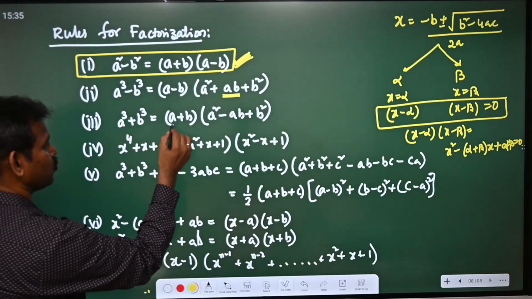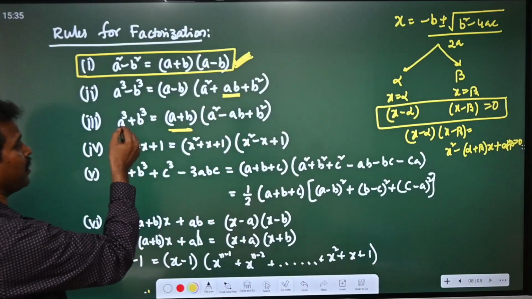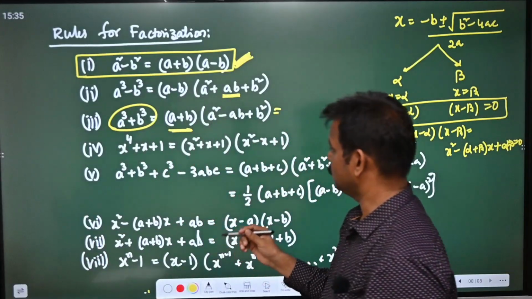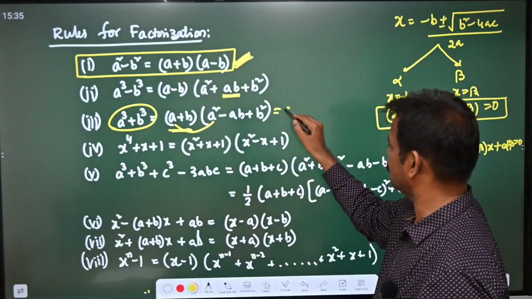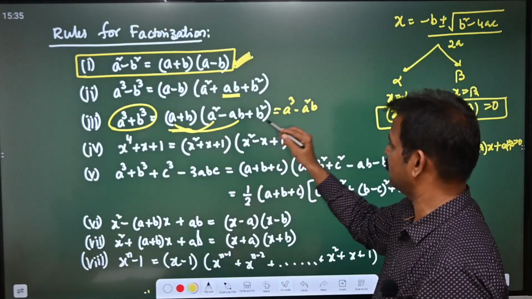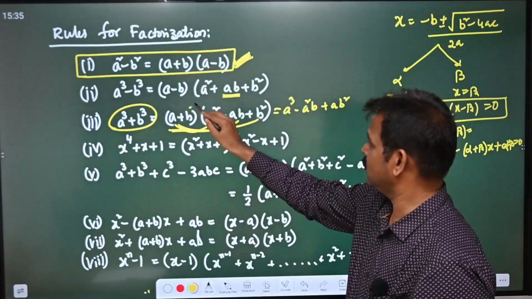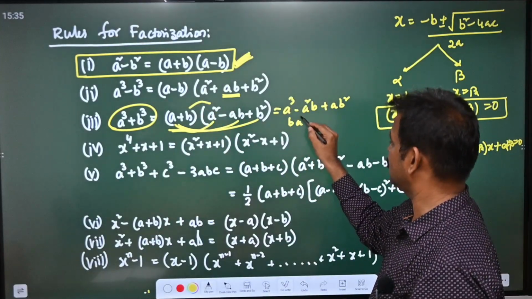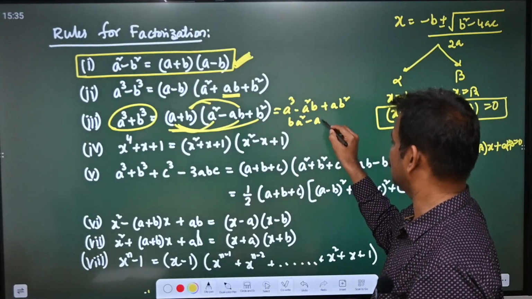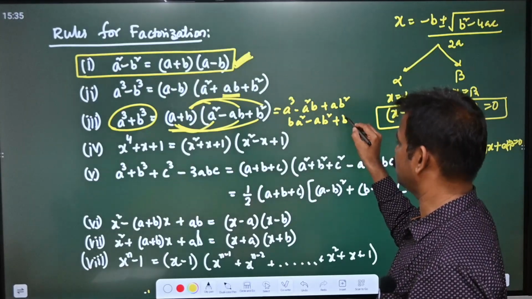Similarly, a cube plus b cube is a plus b, but here you will get minus, and by expansion you will get the same. So a into a square is a cube, a into minus ab is minus a square b, a into b square is ab square, b into a square is ba square, b into minus ab is minus ab square, b into b is plus b cube.